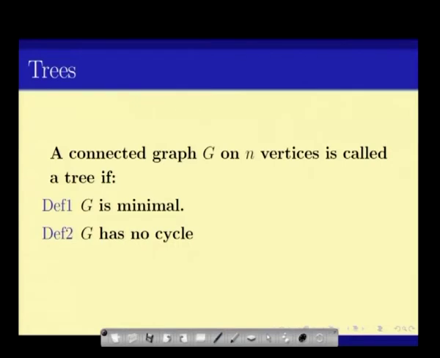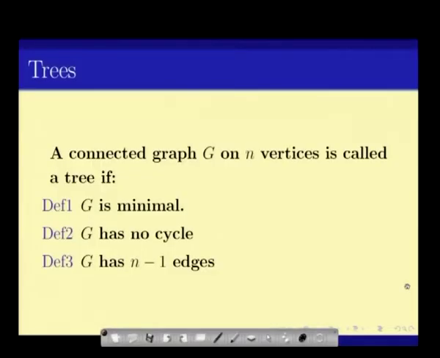It is not very hard to see that if the graph has a cycle, then it cannot be minimal, because we can remove an edge and obtain a smaller graph which is connected. Another equivalent definition is that G has n minus 1 edges. So, in other words, if a graph G is connected, then it is a tree if and only if it has n minus 1 edges.